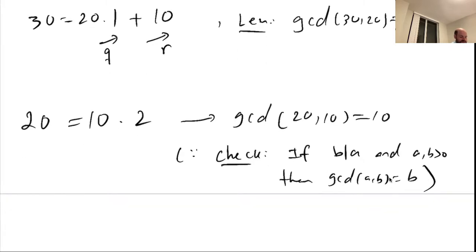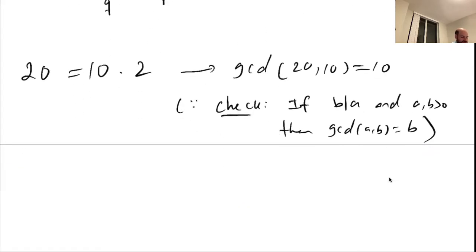Okay, so here is the algorithm. So the GCD is 10, which means that the GCD of 20 and 30 is 10, which is the original GCD we wanted to find.